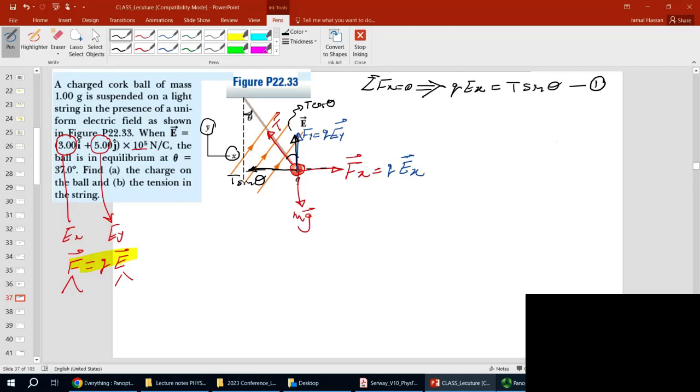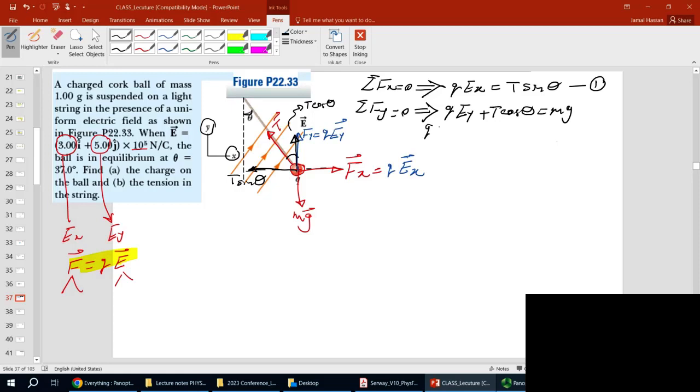It's called equation 1. And we have the sum of the y component of the force also equal to 0. We have two forces upward: QEy plus T cosine theta equal to mg. Before I name this equation 2, let me rearrange it.